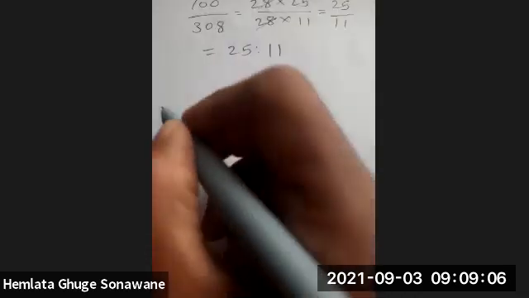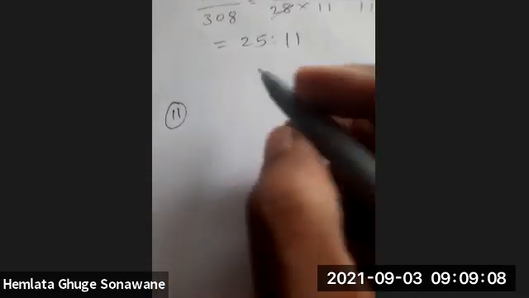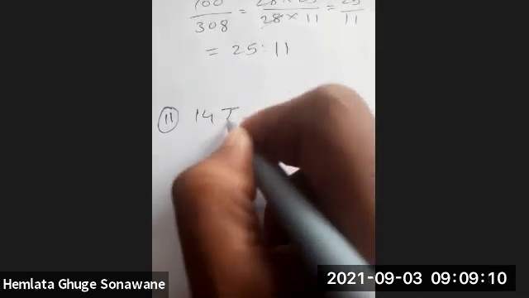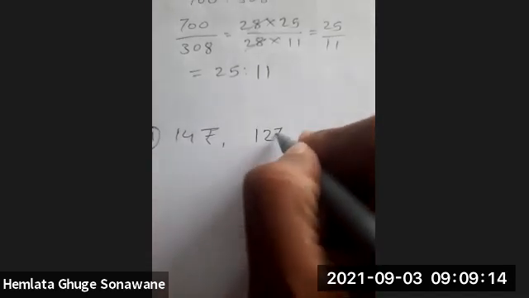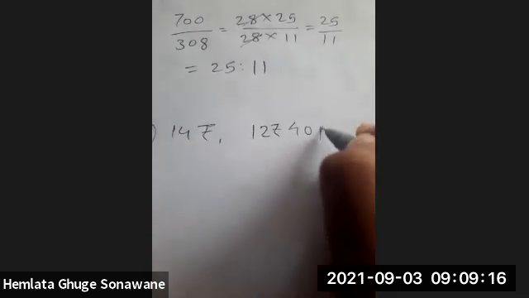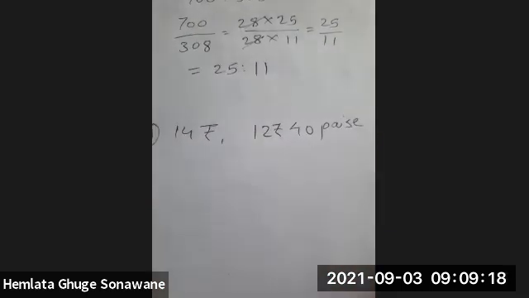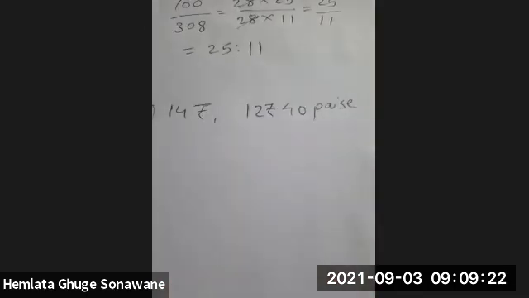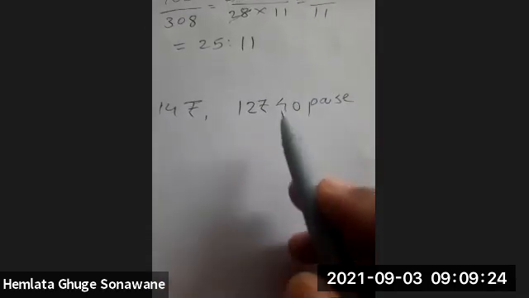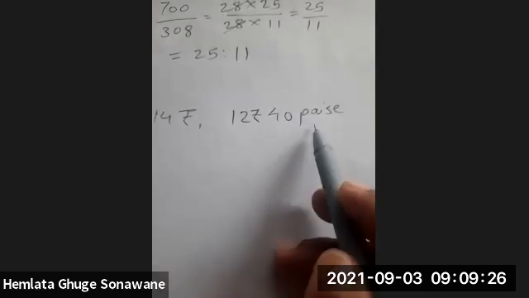We'll move towards the next one, that is 14 rupees and 12 rupees 40 paise. Now here the first quantity is in rupees and the second is in rupees and paise.